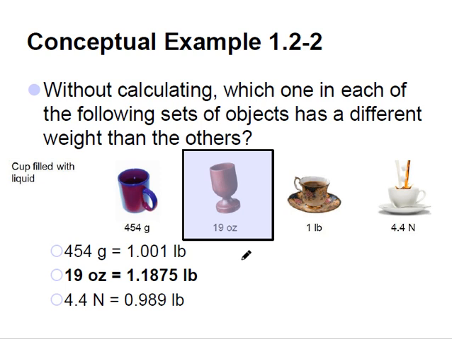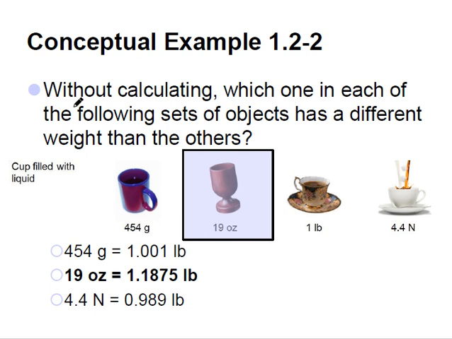All right, go on. Then I'm going to show you how to identify which object has a different weight without doing any calculation. If you understand the weight conversion factors, you should be able to get it without even calculating it, to guess the weight of each object here.